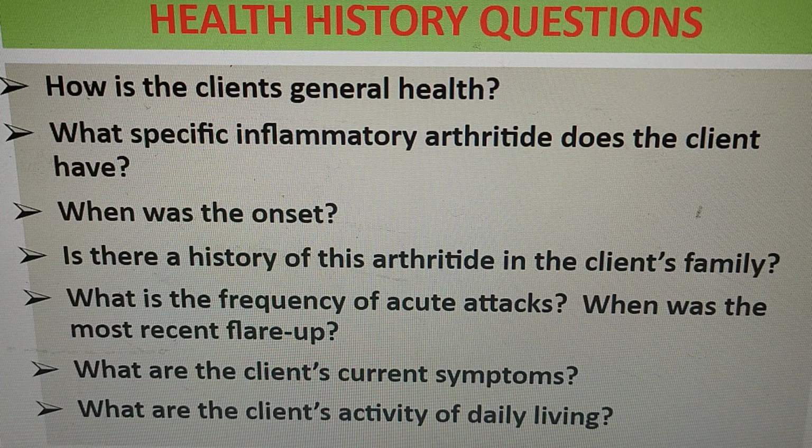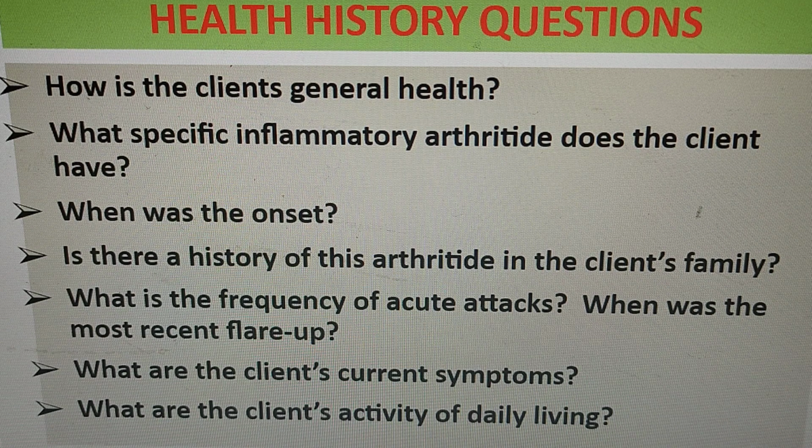Is there a history of this arthritis in the client's family? Okay, family history. What is the frequency of acute attacks? So just like abrupt attacks, okay, instant attacks. What's the frequency? When was the most recent flare up? So the latest flare up, having these attacks. What are the client's current symptoms?